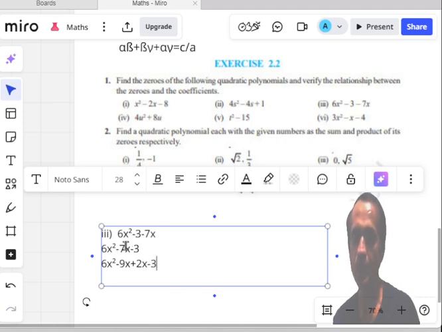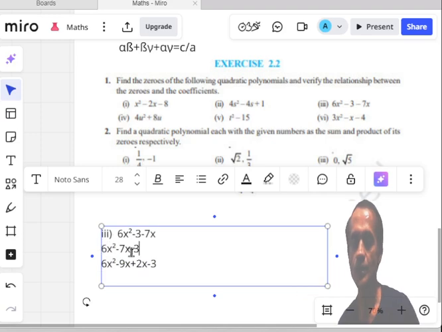How did I find that I should write 7x this way? I can write 7x as minus 6x minus 1x, minus 4x minus 3x, or minus 5x minus 2x.